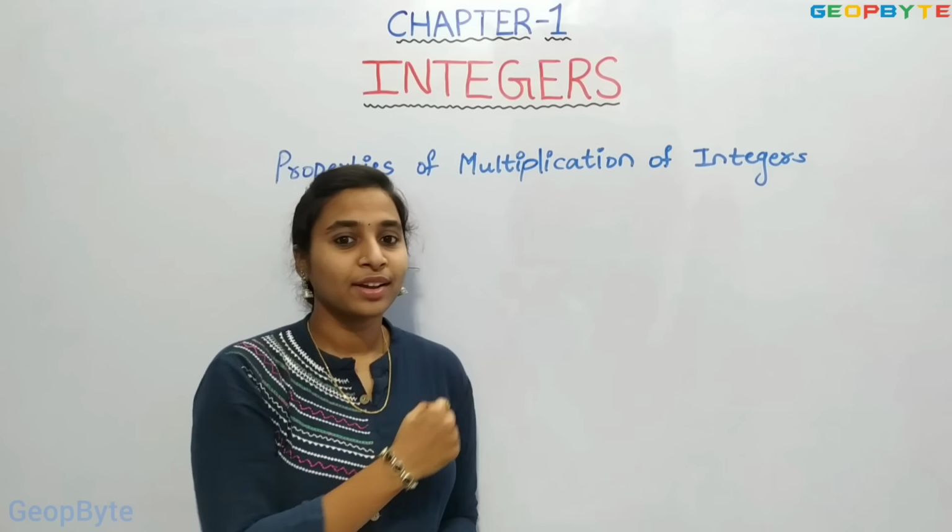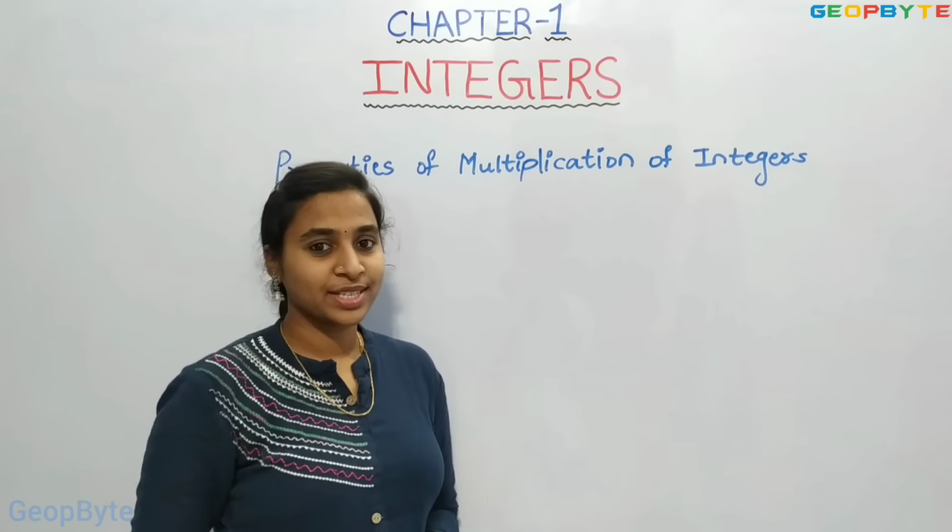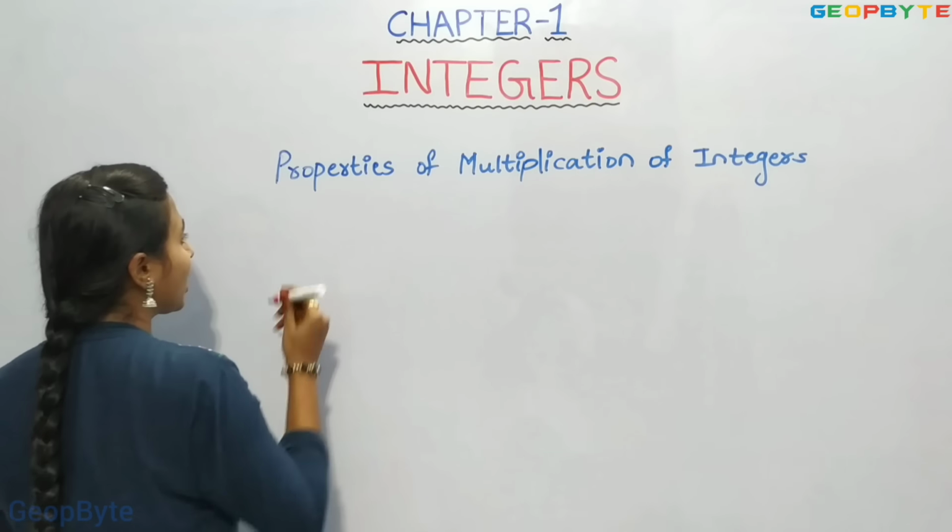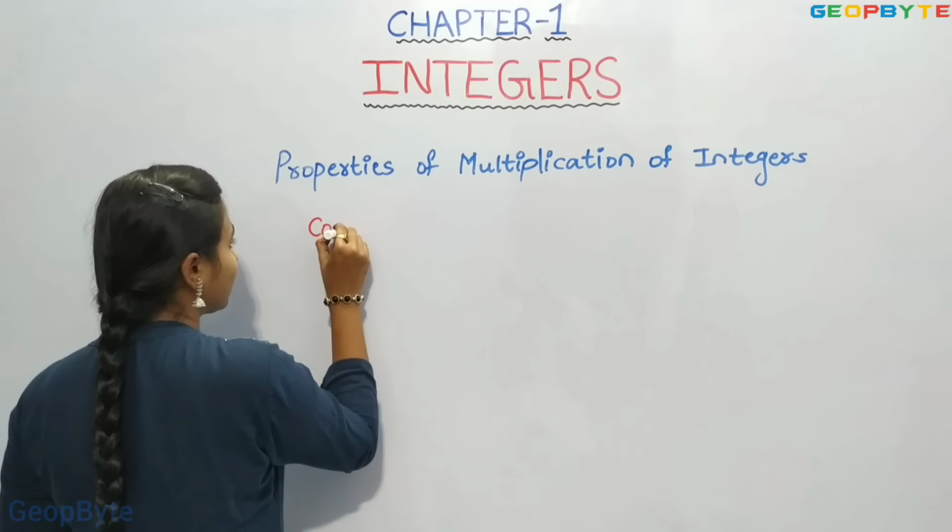In this topic, we have two properties. That is, the first one, commutative property.